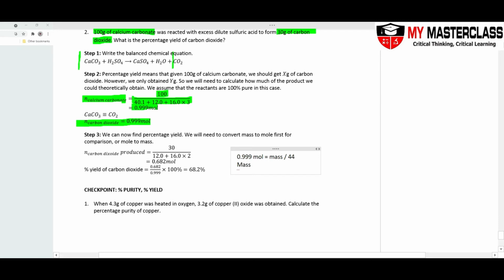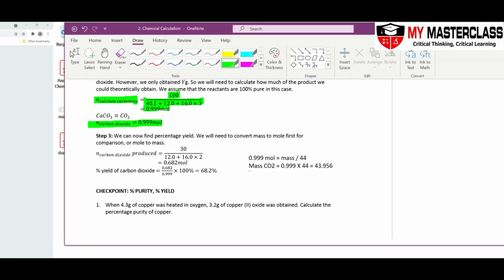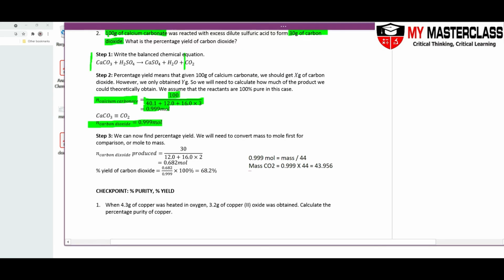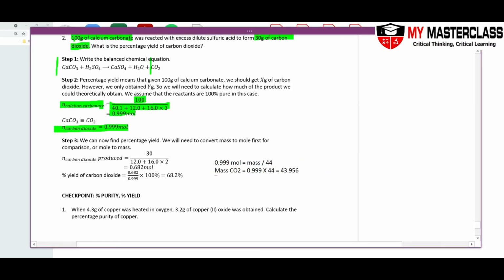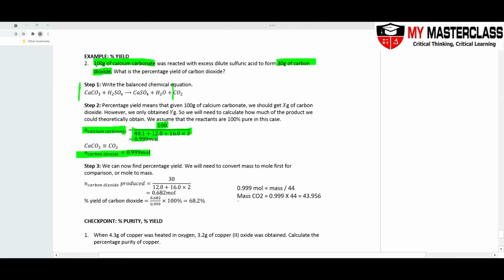So the mass of CO2 is 0.999 times 44, which is 43.956 grams. If I have 100 grams of calcium carbonate, it should give me 43.956 grams of carbon dioxide gas. This is in theory, everything that I counted based on these 100 grams.